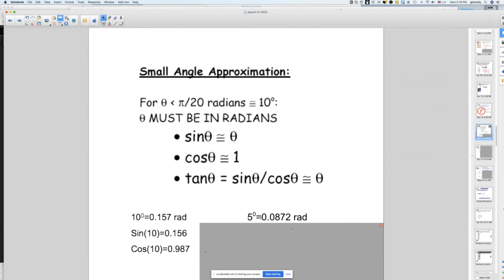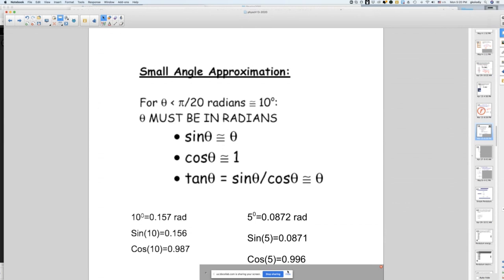Converted to radians, 5 degrees is 0.0872 radians. Let's see what the sine of 5 degrees is. Almost identical. Let's see what the cosine is. Almost 1, even closer to 1. So you can see we can make this approximation: if the angle is small, the sine of that angle is approximately equal to the angle in radians.